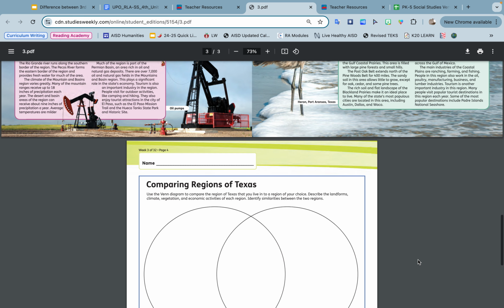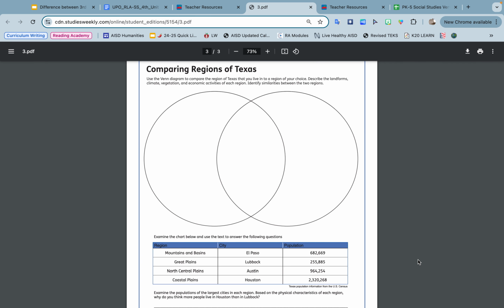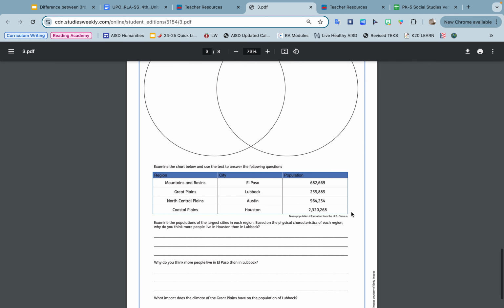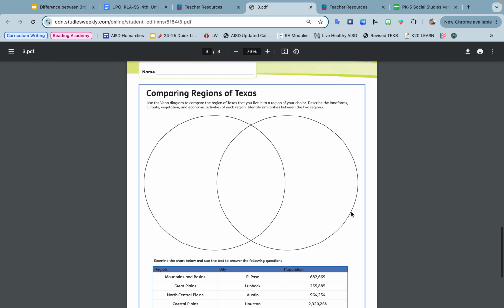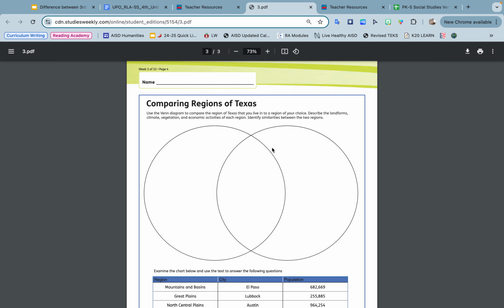And so the activity from Studies Weekly was to compare the regions using a Venn diagram. You can always use this as an extension activity or as something for students to do if they're struggling to identify or compare.